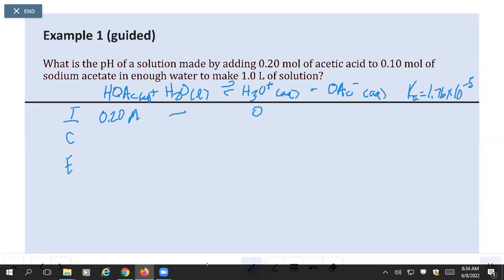We don't have any hydronium initially, but we do have 0.1 molar acetate. Now, since we have no hydronium, we know that the whole equilibrium is going to move toward the products, because you have to have something of everything to have equilibrium.